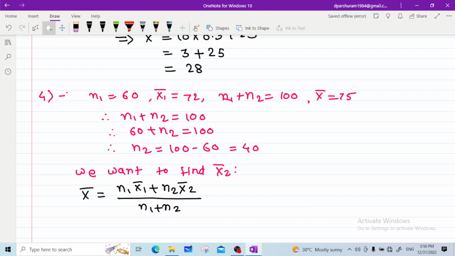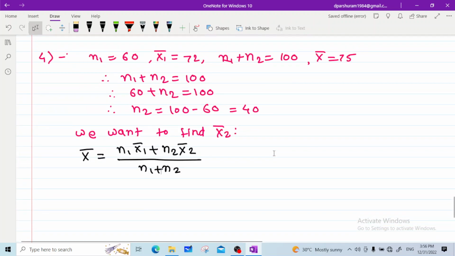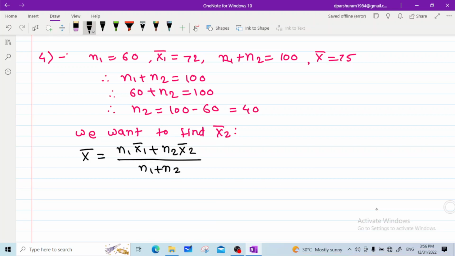Okay. Now put the values of n1, n2, x bar, x1 bar in this equation.